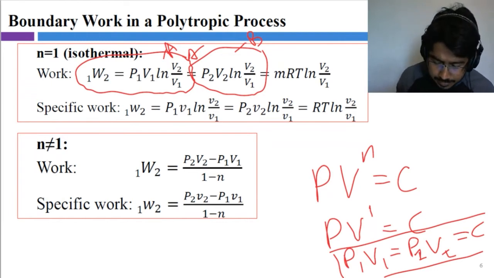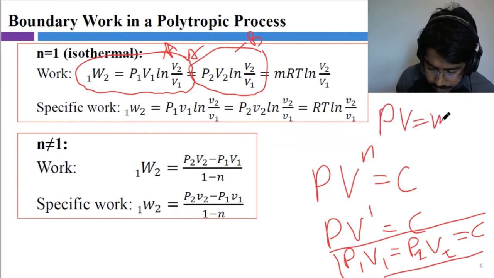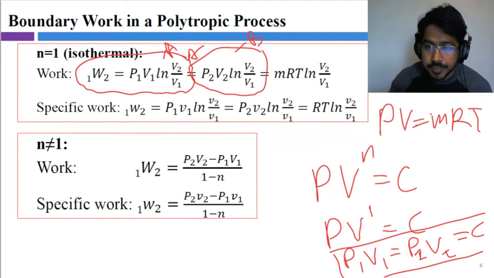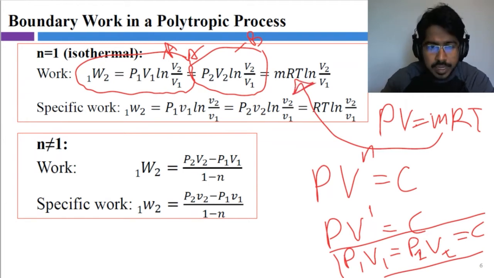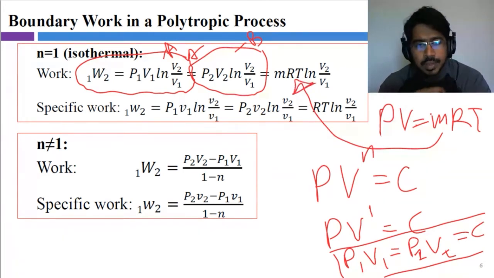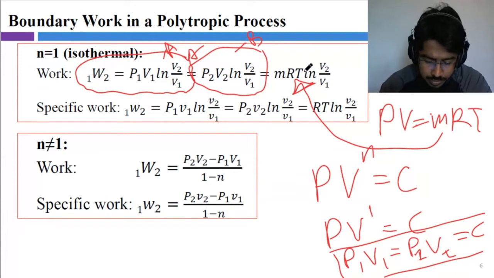So for an ideal gas, PV equals mRT. So basically what happened here is substituting for PV in temperature terms. You can put T1 or T2, it doesn't really matter, because it's going to be a constant mRT.